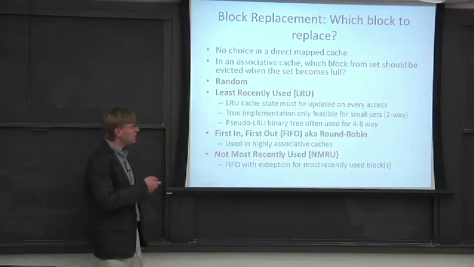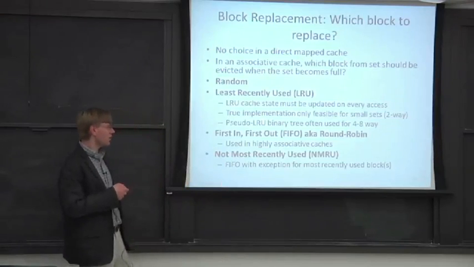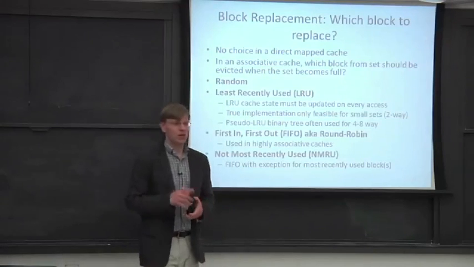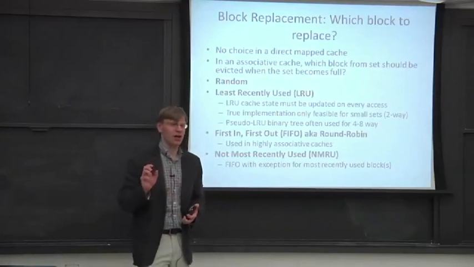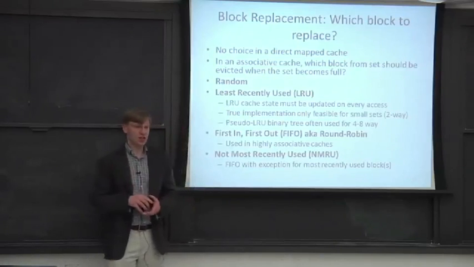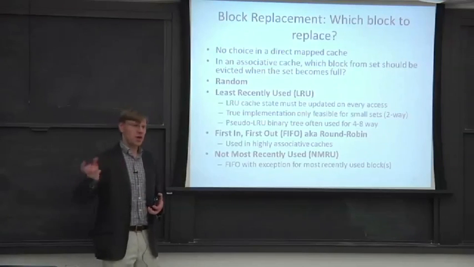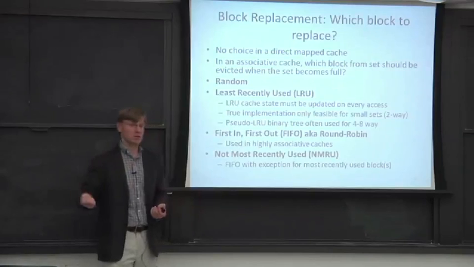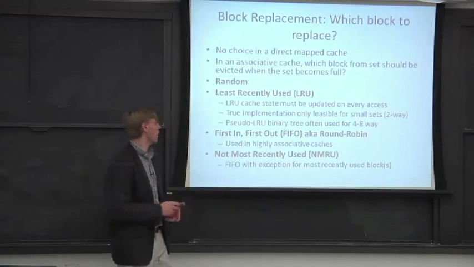So you need some cache state that needs to be updated relatively often. Plenty of people do that, though. If you have a least recently used piece of information, we have an extra bit on each cache line. You can think about just flipping that back and forth and having one bit for that information. And every single load and store actually sets that bit. And lots of processors do that.